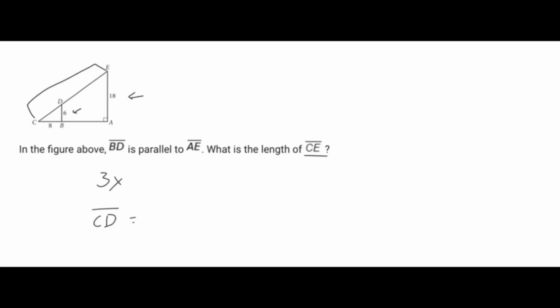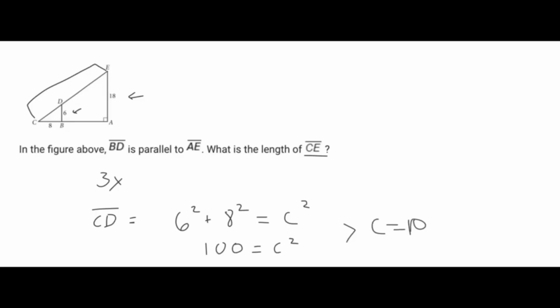So CD, we just use the Pythagorean theorem: 6 squared plus 8 squared equals c squared. So 36 plus 64 is 100, and if we take the square root of both sides, we get c equals 10.